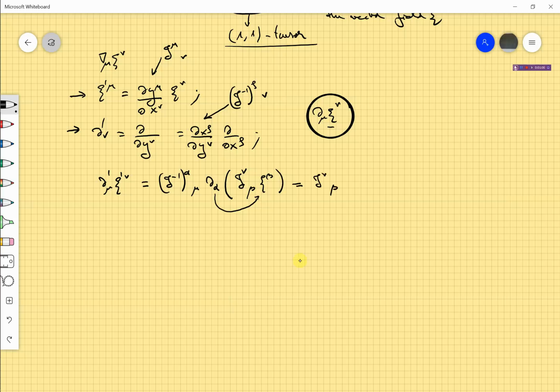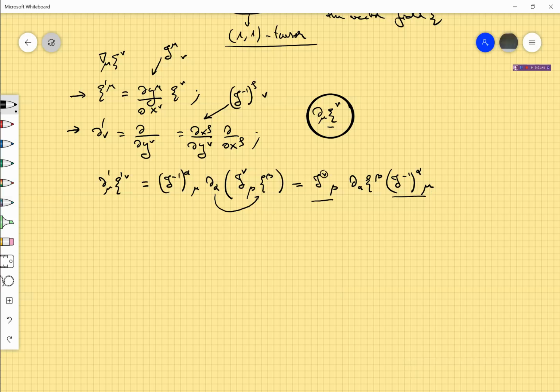I get partial alpha psi beta, J minus 1 alpha mu, and this first term is clearly the first term that you obtain if this was a 1,1 tensor, which transforms contravariantly with respect to the upper index, which here is nu, and once covariantly with respect to the lower index, which here is mu. But there is another term.